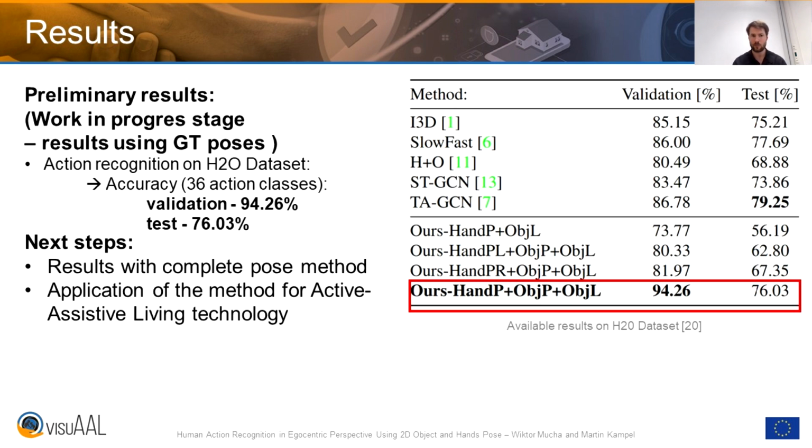And on the test set it is 76%; the drop in this percentage is caused by poor augmentation methods that have to be improved in the future. As a next step, we would like to test the method with the complete pose pipeline as explained in this presentation and apply this method for active assisted living technologies.